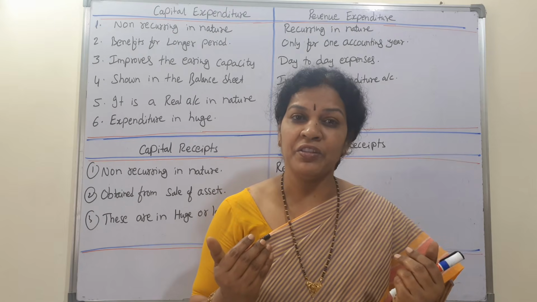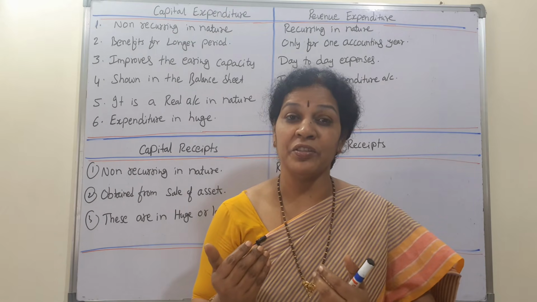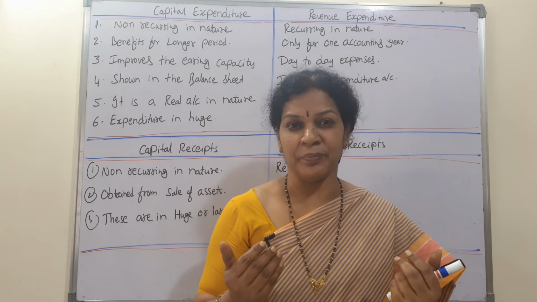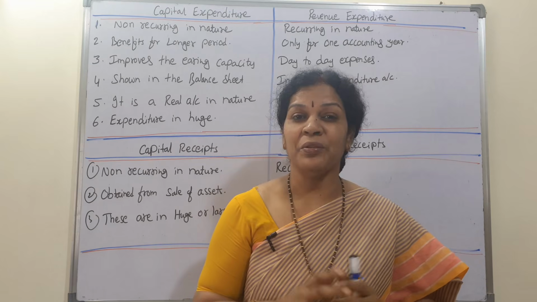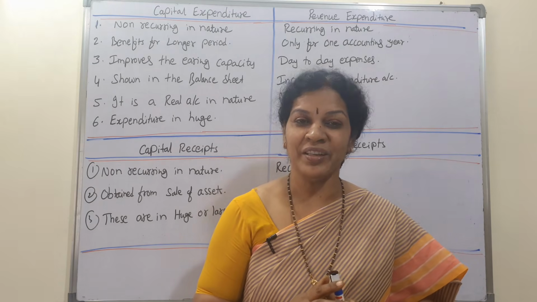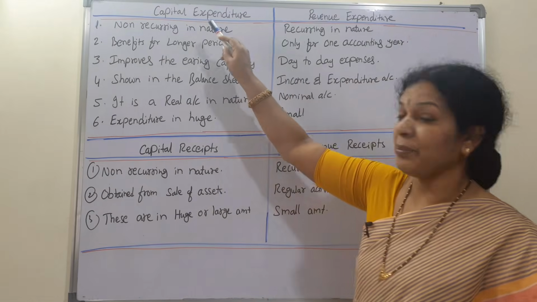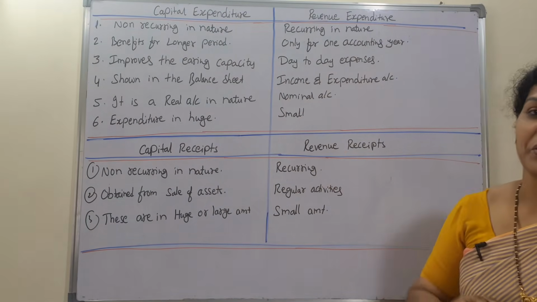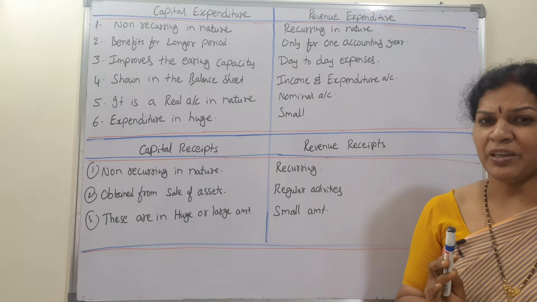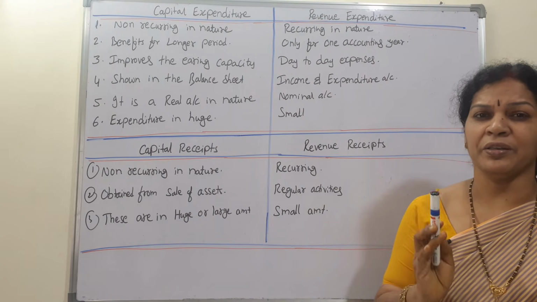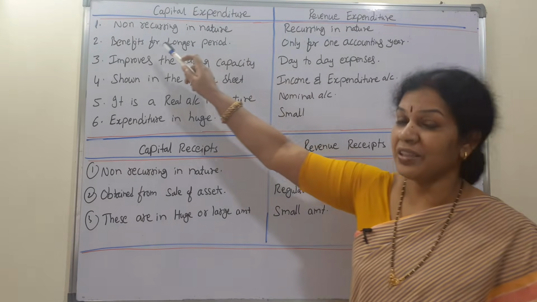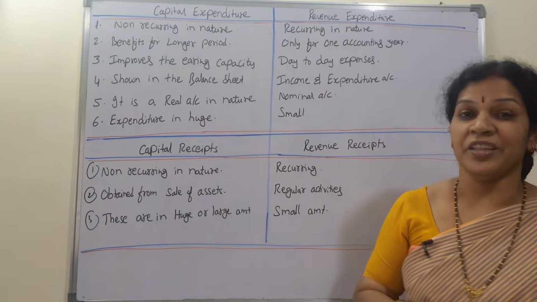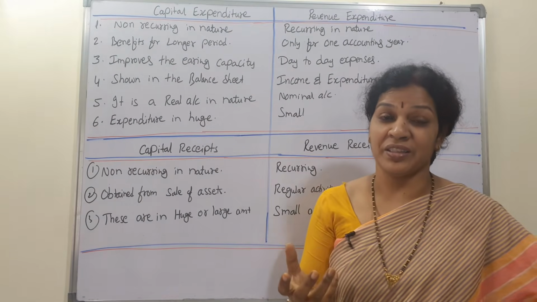We'll see the differences between capital expenditure and capital income, revenue expenditure and revenue income, so that you'll have more clarity. Okay, so now see here, capital expenditure, revenue expenditure. Capital expenditure is related to any kind of non-recurring items. It doesn't recur once again.